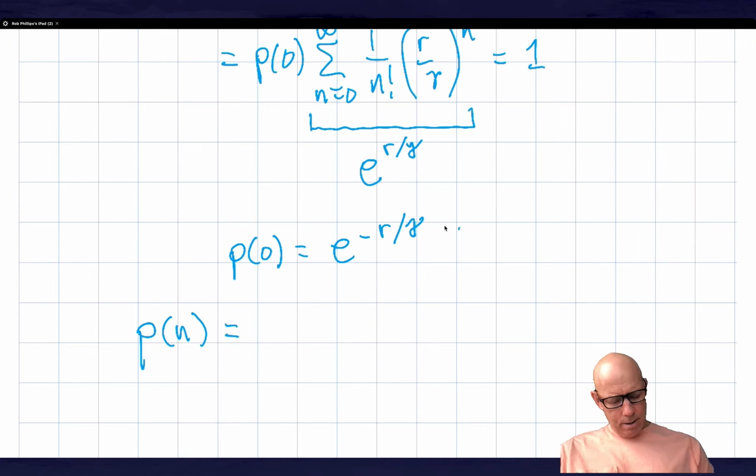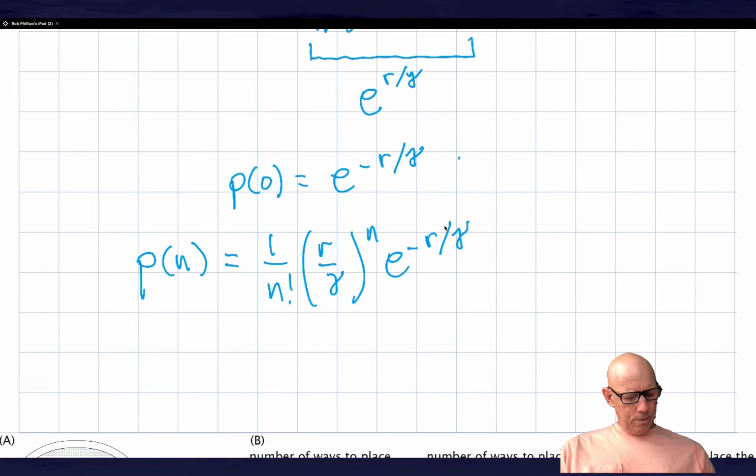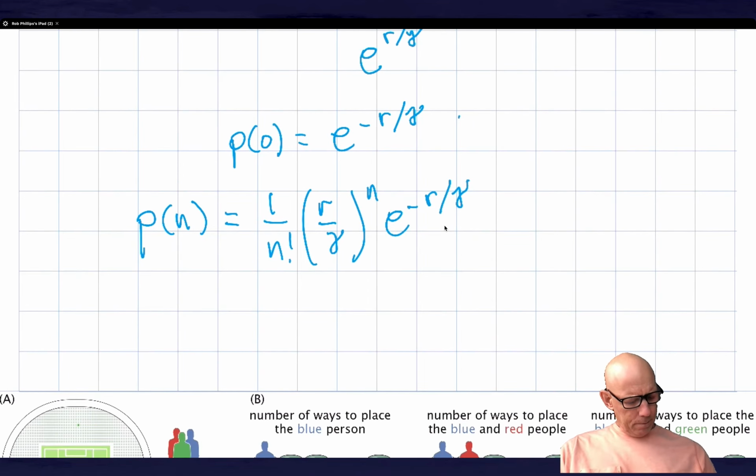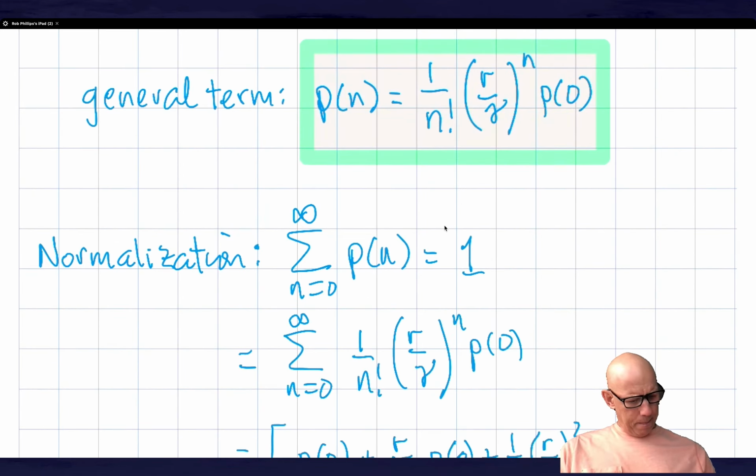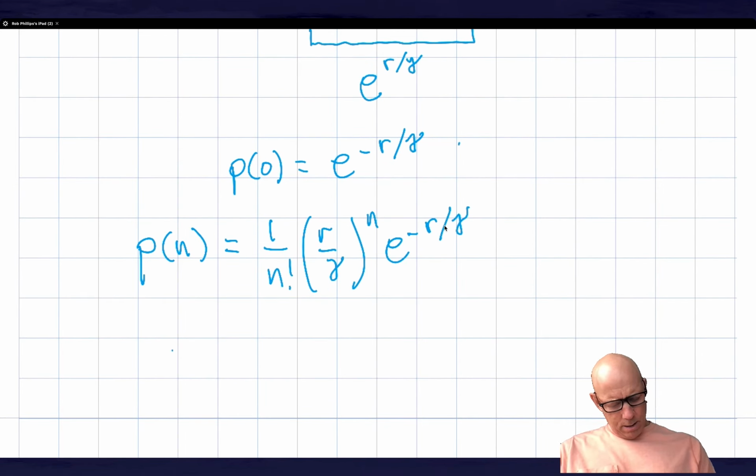P of n is 1 over n factorial, r over gamma to the n power, e to the minus r over gamma. And I remind you, by the way, that m star, the average number of mRNAs, is r over gamma.